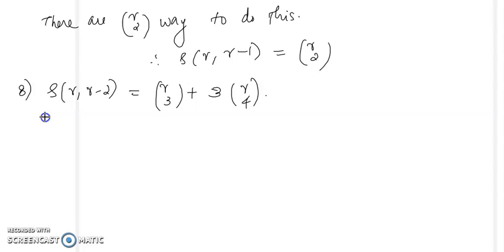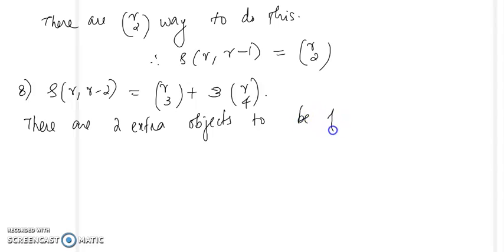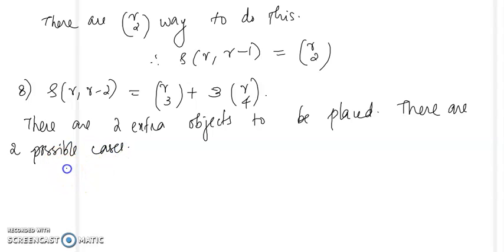Now for each case we will see how many such distributions there are. So there are 2 extra objects to be placed, and 2 possible cases. First is 3 objects in one box.